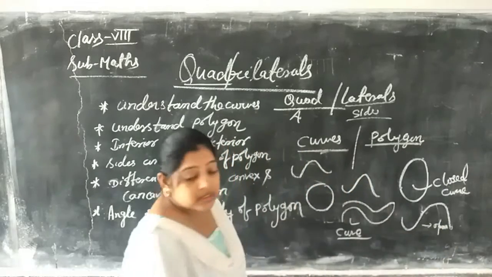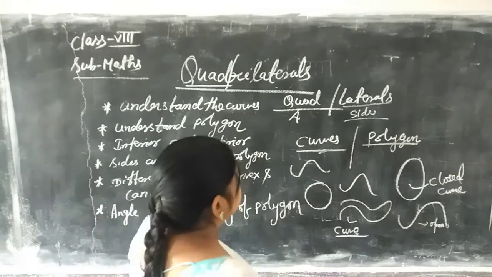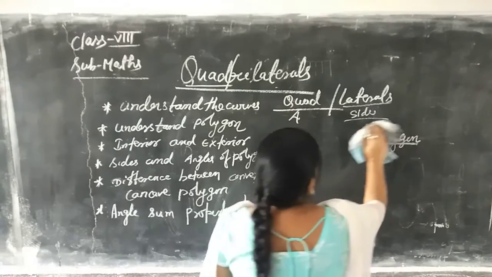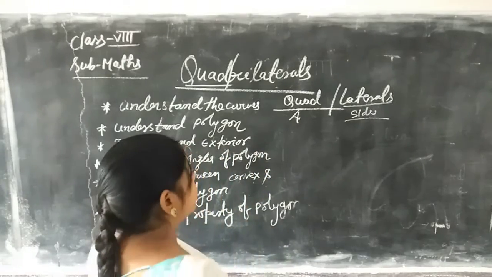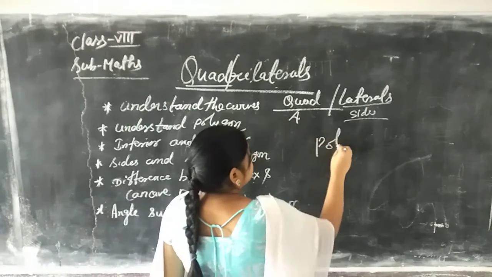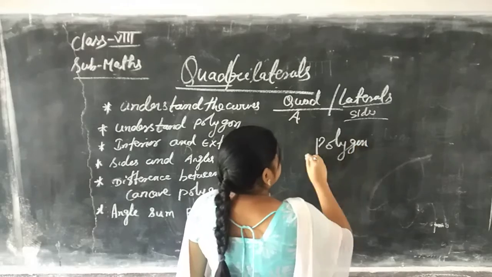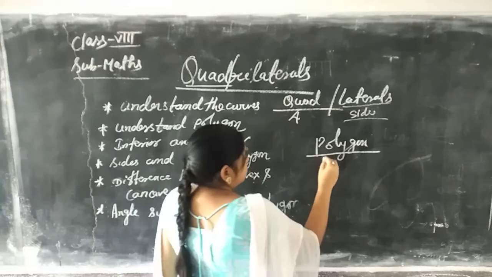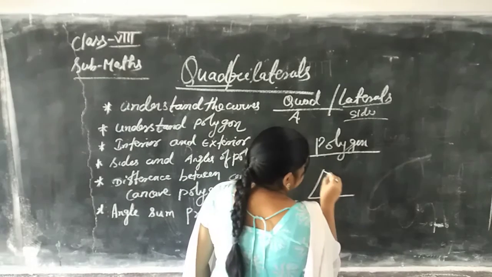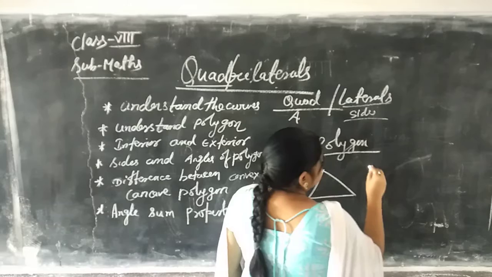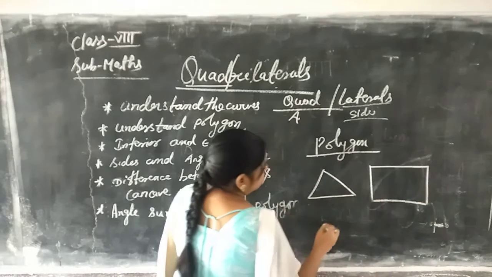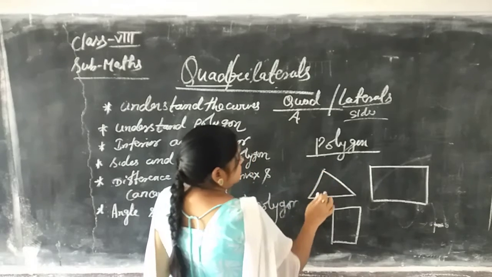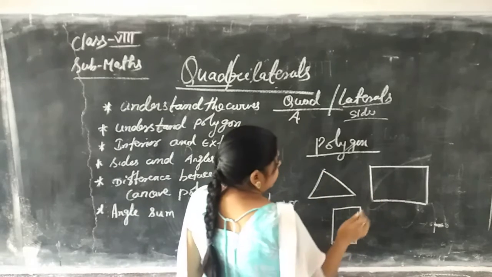Next is, what is a polygon? Next we define the polygon, and then the quadrilateral comes. A polygon means a figure made up of line segments. Look at figures like this: triangle, rectangle, square.